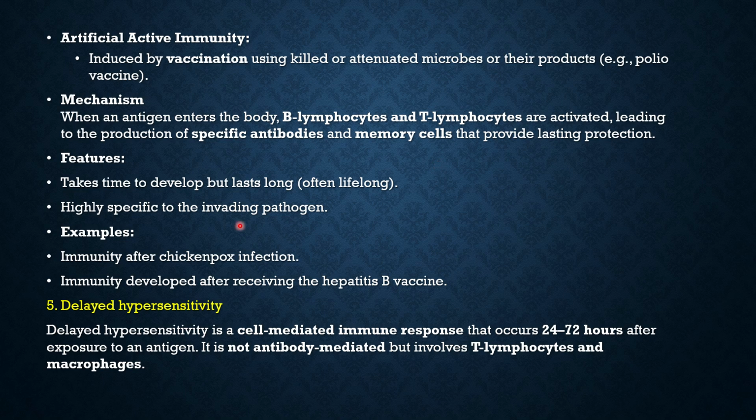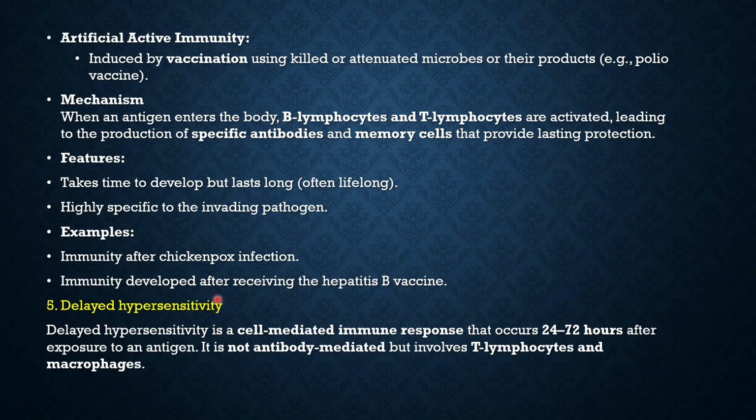The main features of this are that it is lifelong, long lasting, and the antibodies are highly specific. An example is immunity after chickenpox infection. We all know that a human gets chickenpox once in their life, after which they do not get it, because of this active immunity. Another example is immunity developed after receiving the hepatitis B vaccine.